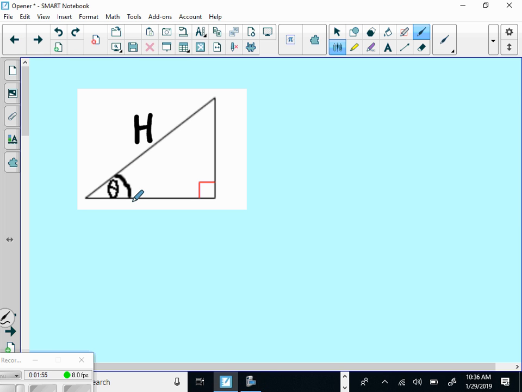The adjacent side simply connects this angle to the 90 degrees. So that side on the bottom here is our adjacent. It's next to our selected angle. The last side is called the opposite. We use the letter O to represent that. It's a side that's across from our angle, the side farthest away from it. That's the opposite. So our 3 sides are O, A, and H.